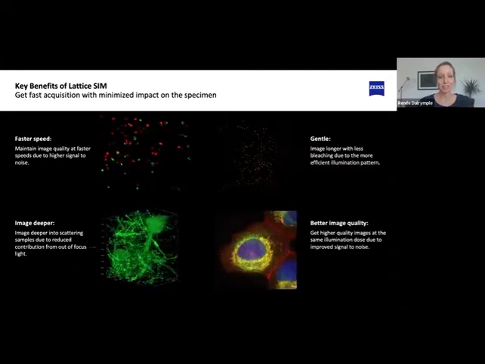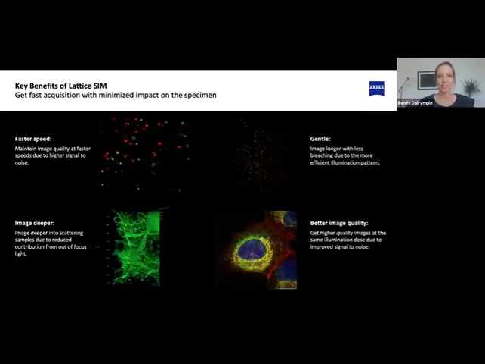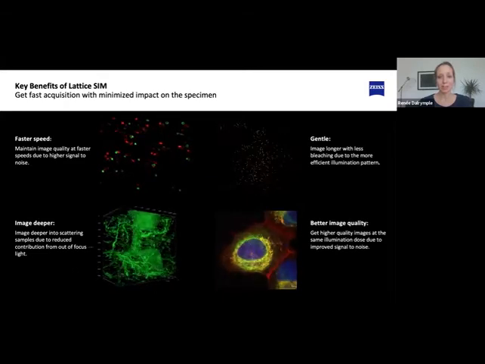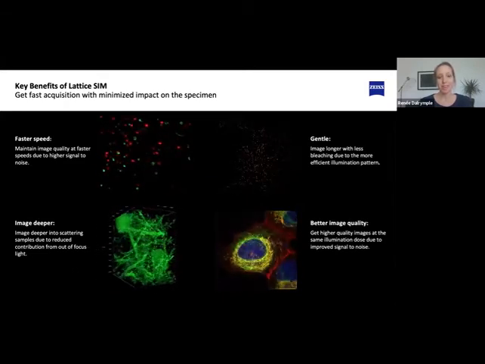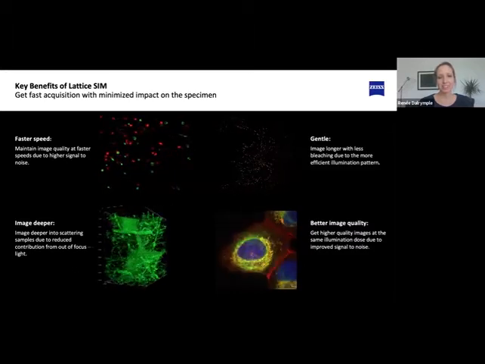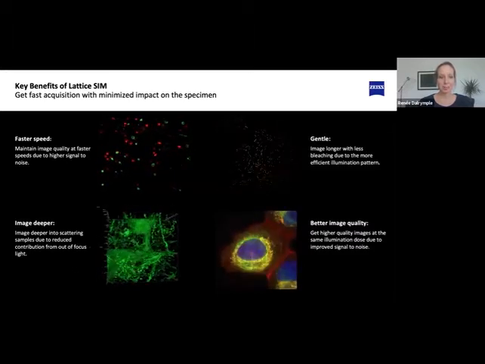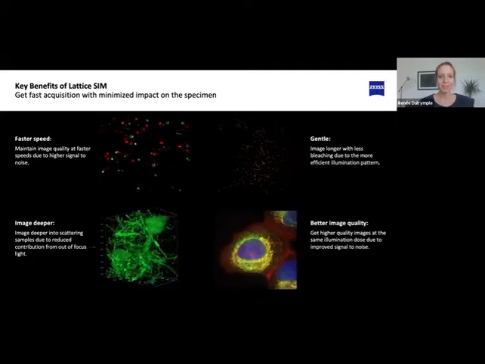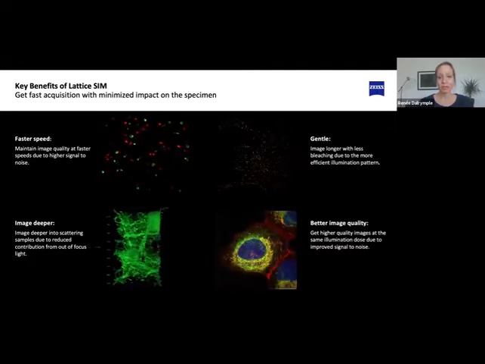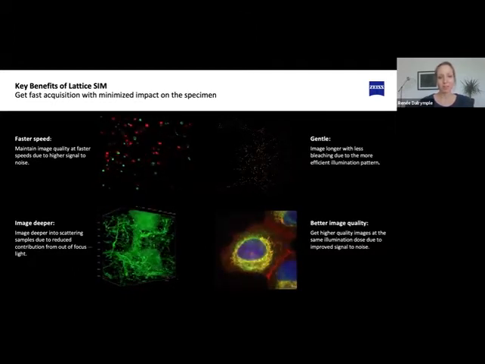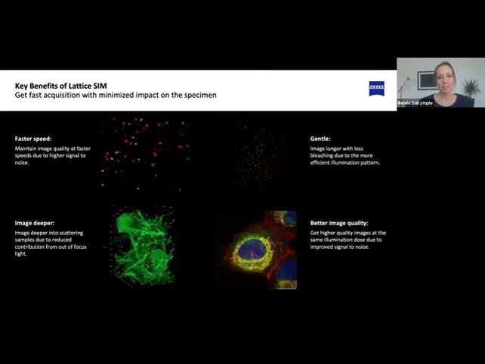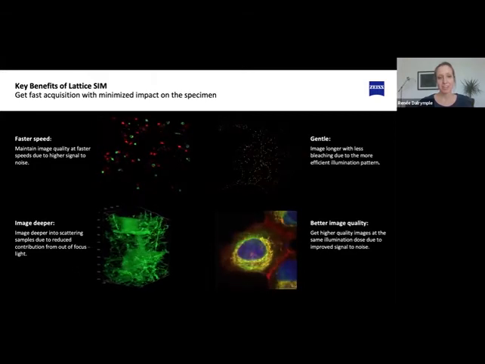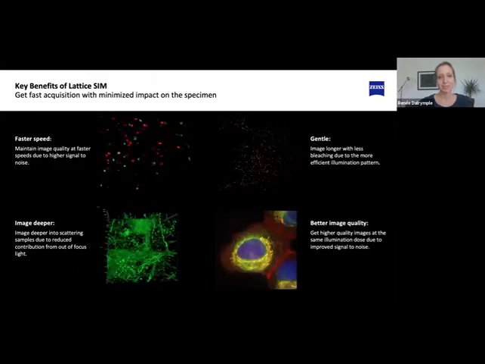We can do so gently because of that modulation increase, where we're able to turn the laser power down and image longer. We can push deeper into scattering challenging samples, such as this uncleared brain tissue section that you see at the bottom left. And of course, we're able to always get better image quality because of that modulation contrast improvement as well, while still maintaining the benefits of classical SIM with easy multicolor imaging and a large field of view.